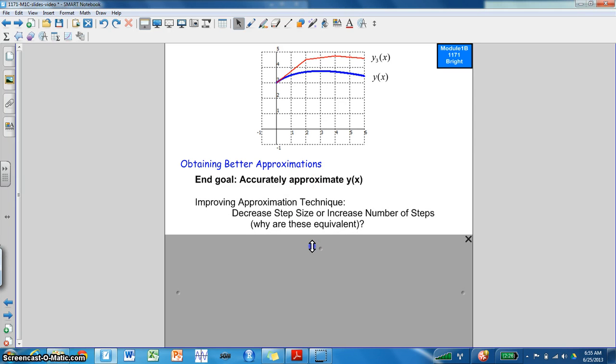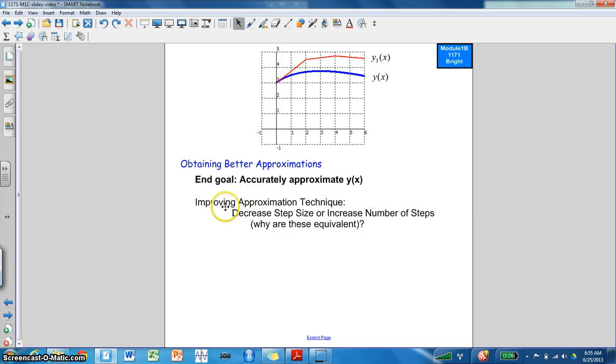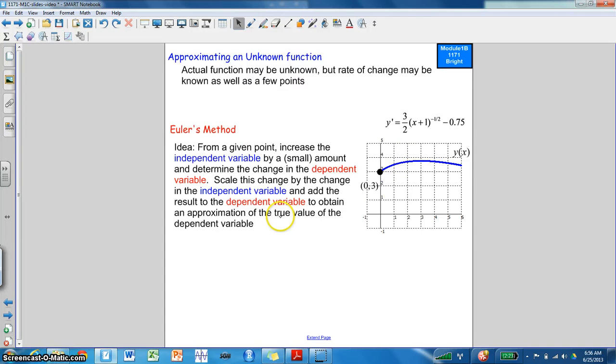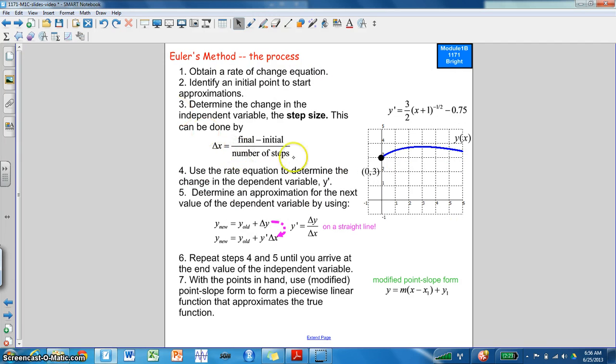And so one approximation technique that we're going to utilize is to decrease the step size that we use in Euler's method, or increase the number of steps. And if we remember, we can jump back here. If we increase the number of steps, dividing by a larger number decreases this. And if we just decrease this in general, that ends up being the same thing.